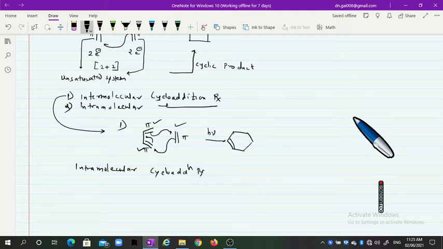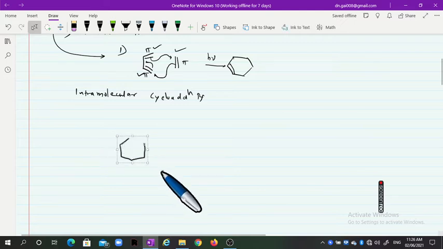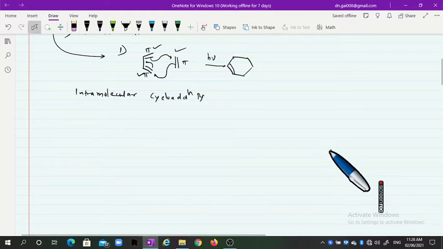In this type, suppose we have an example like this. Such a type of example is there.